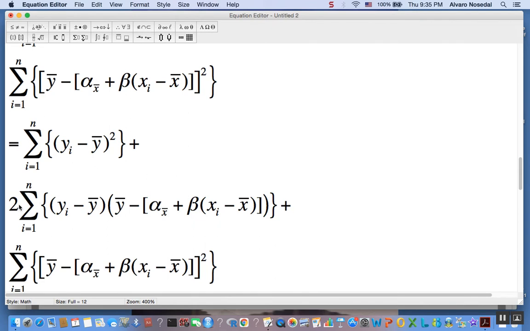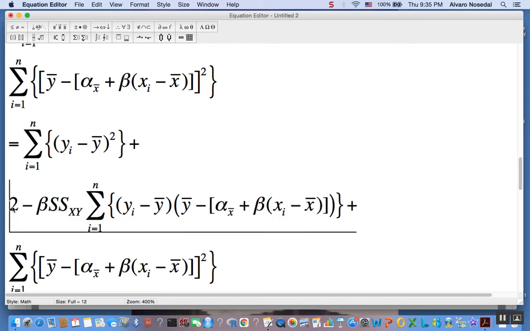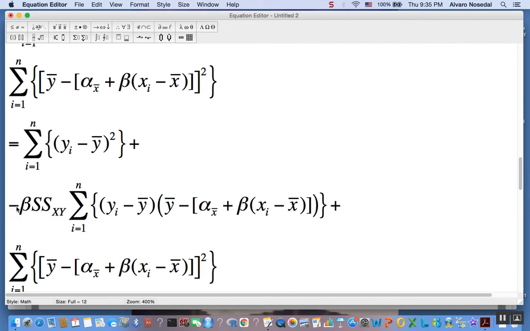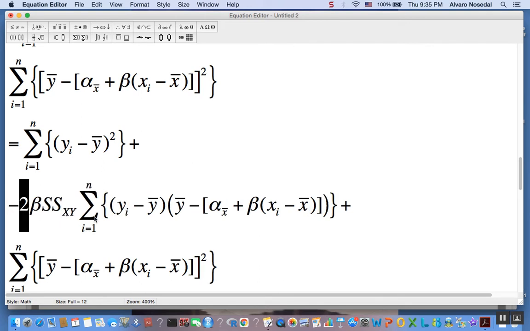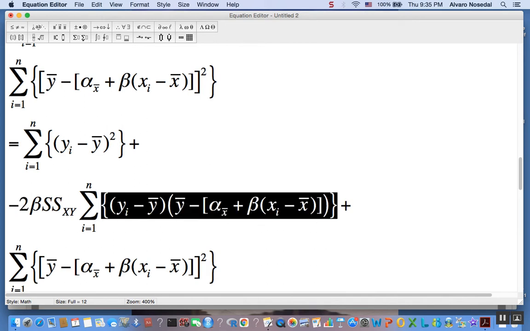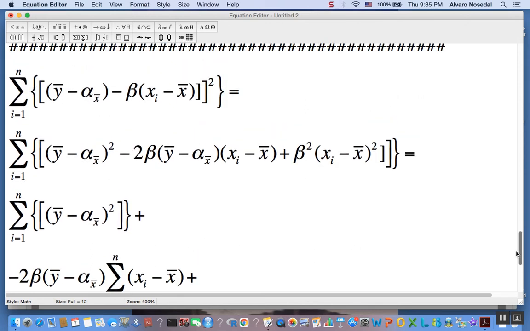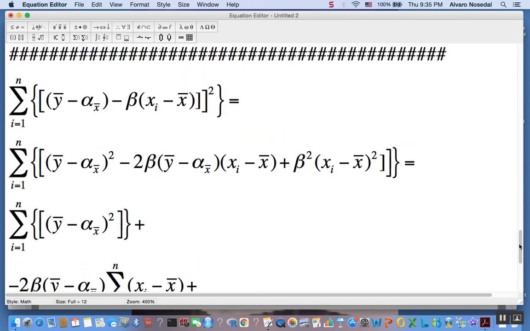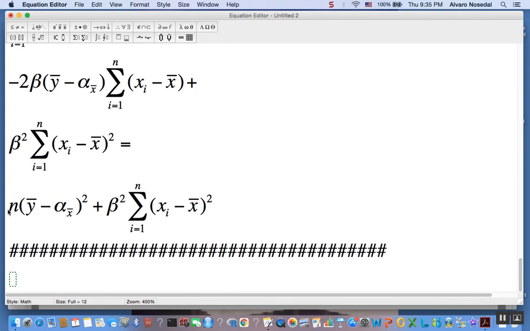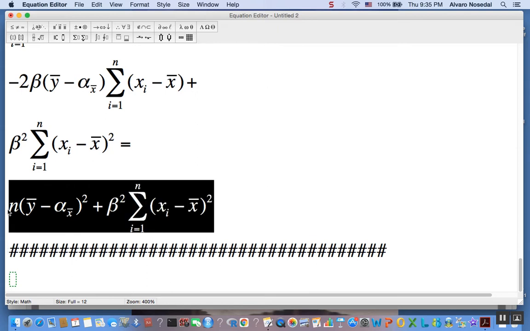So what we have here, instead of this guy, is minus 2 times beta times SS xy. Now this one here we said is equivalent to n times y bar minus alpha x bar squared plus beta squared times that summation. Okay, perfect.